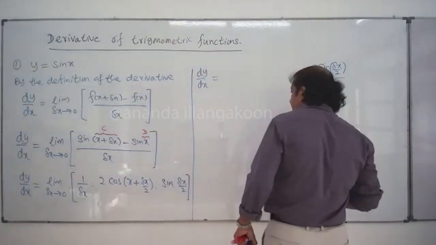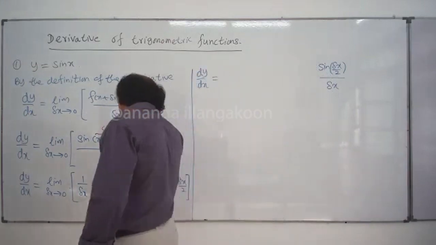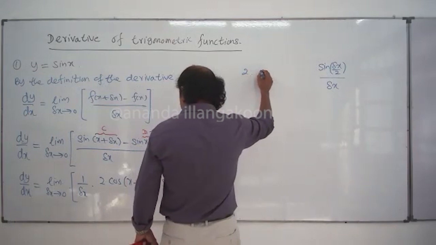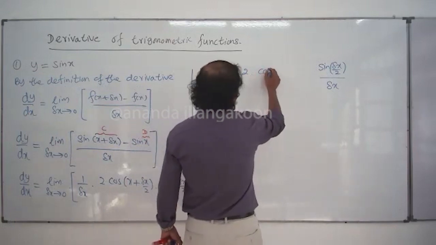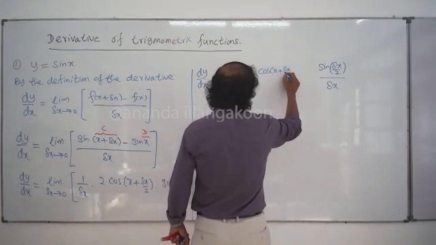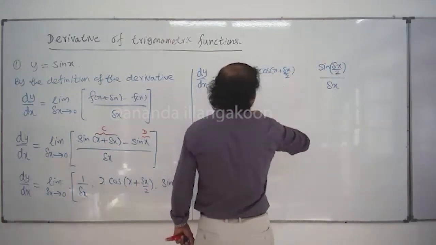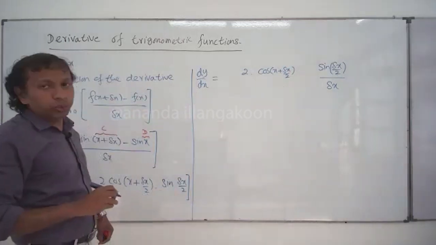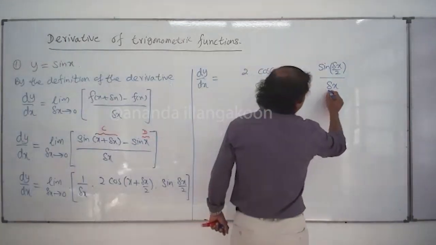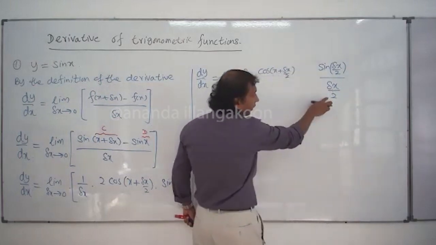Right. Now, this 2 is there, people, and cos x plus delta x by 2 also there. Right. Now, what I do next is this. I write 2 here, delta x below the delta x.